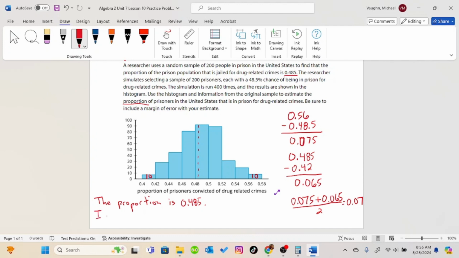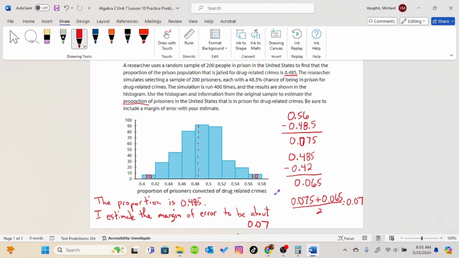So I estimate the margin of error to be about 0.07.